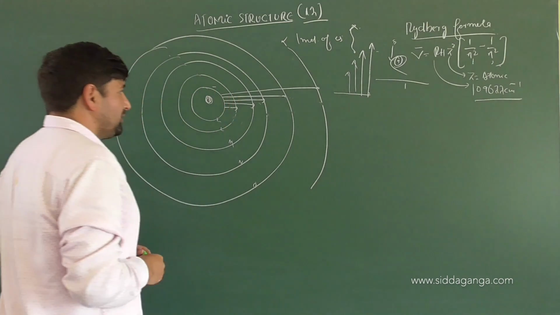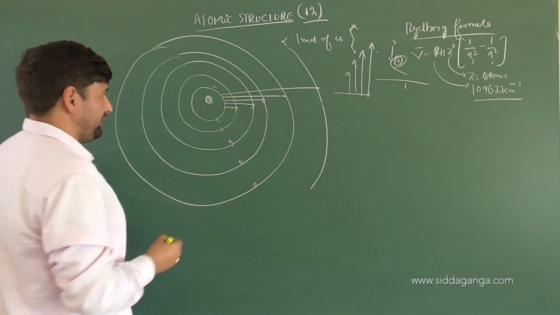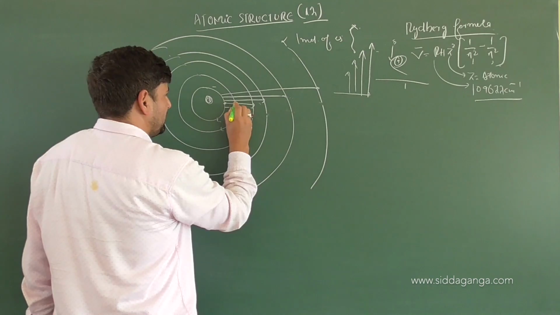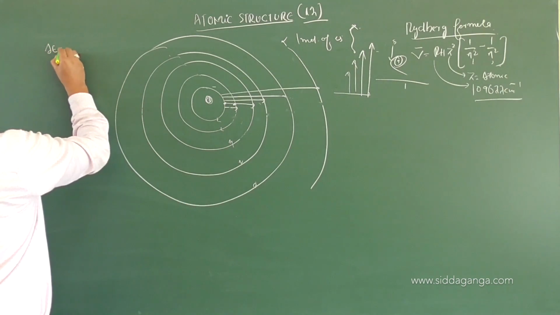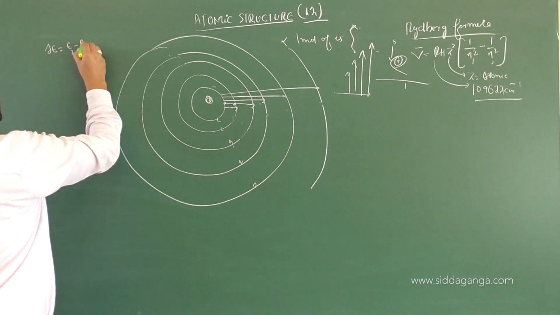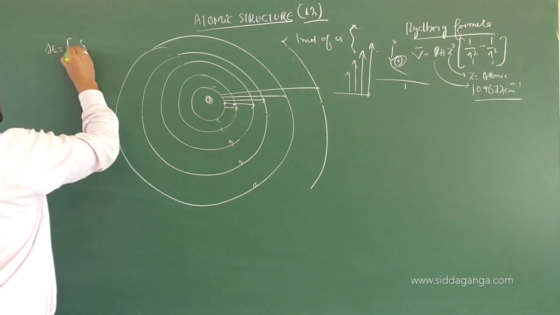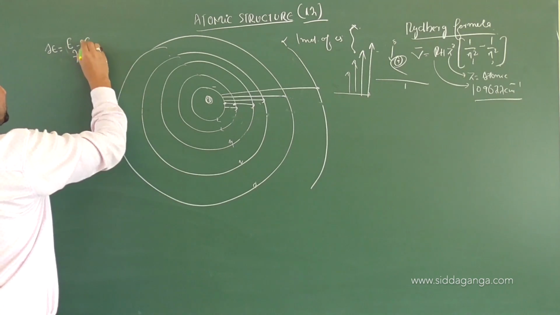Good. Now you can see a very simple relationship. When transition is happening, the energy difference between the two, delta E, will be E2 minus E1. Technically, it will be E final minus E initial.